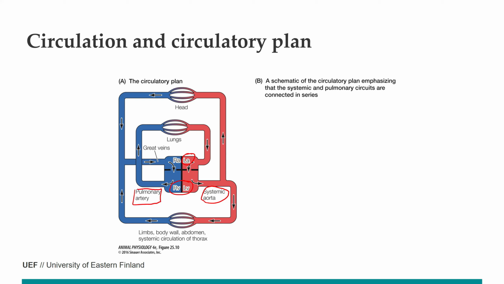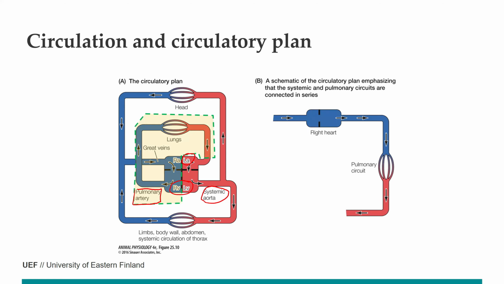And therefore we actually can put it in a slightly different way. So the right hand side, the right atrium and right ventricle, they are actually a right heart. So there's a pump that is not doing anything but pumping the blood into the pulmonary circuit, so in the lungs.